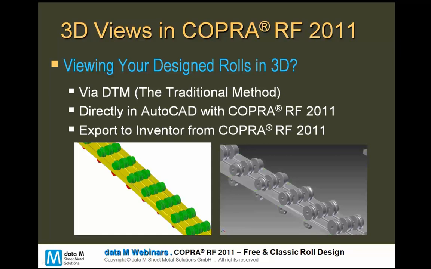And more importantly, with Copra RF 2011, as we can see here on the left-hand view, by activating the 3D mode, they will be displayed directly in AutoCAD. And then for those machine designers amongst us, there's a way to export into Inventor or SolidWorks. Naturally today, we may try exporting to Inventor.